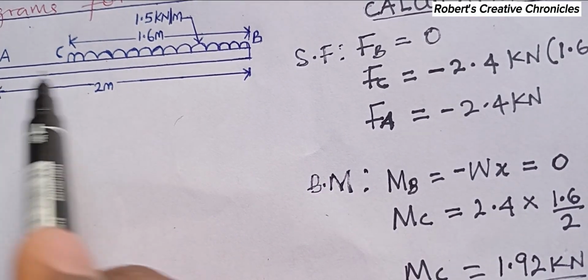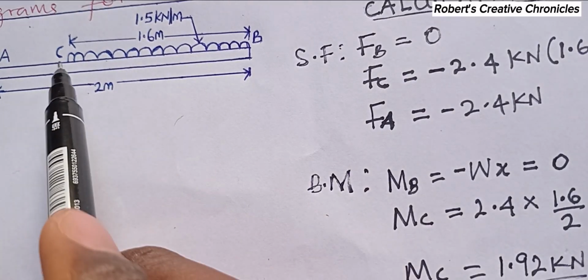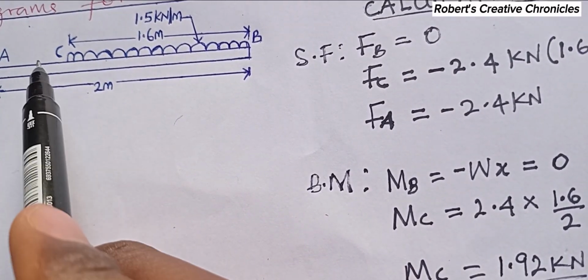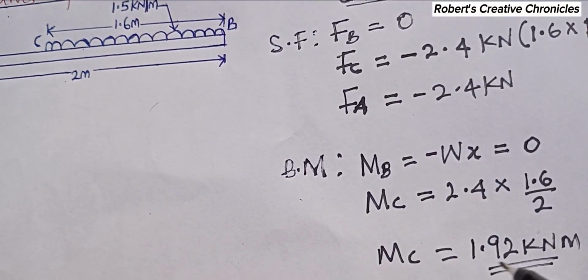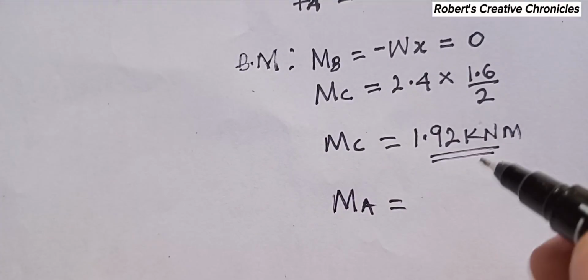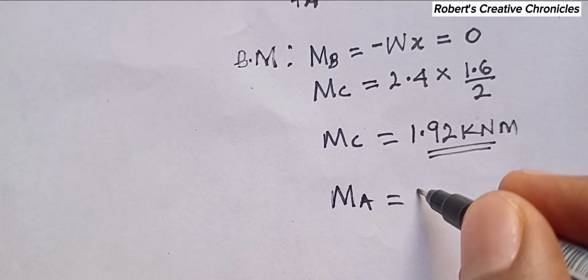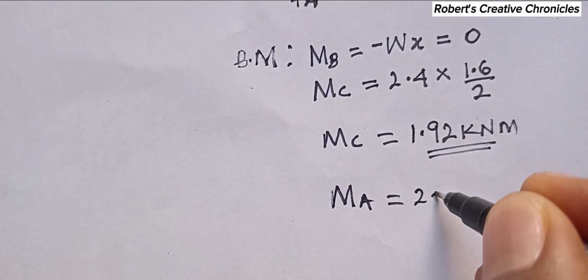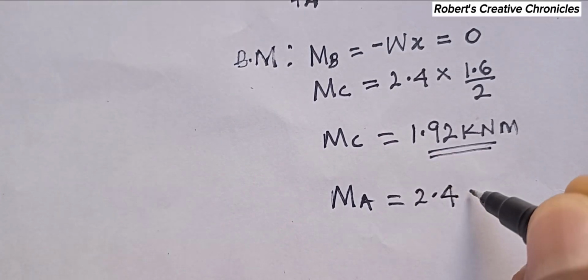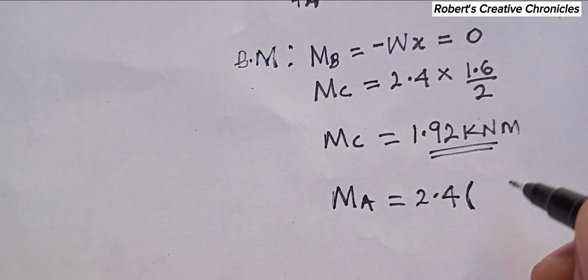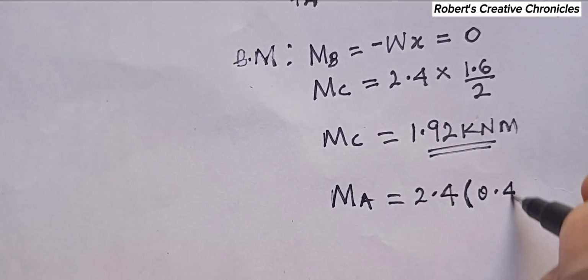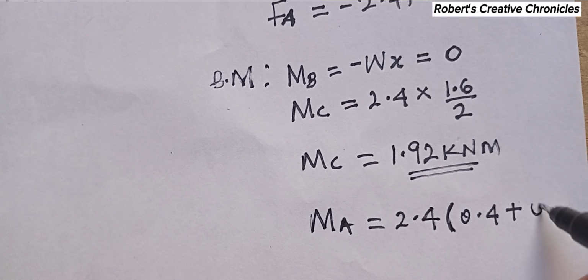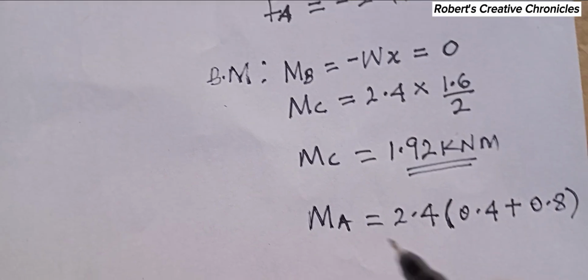Then from here to here is 2 minus 1.6, which is 0.4. So it's 0.4 plus 0.8. So 2.4 multiplied by 0.4 plus 0.8.